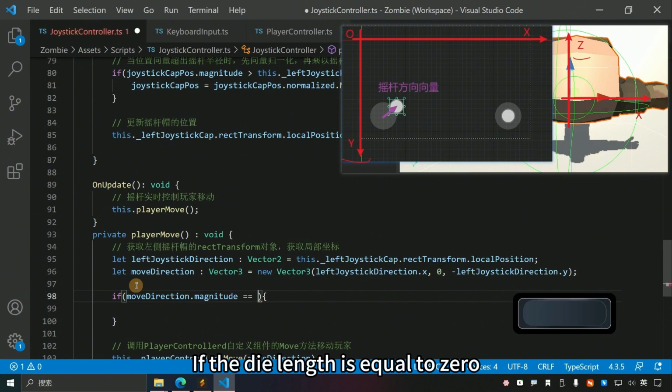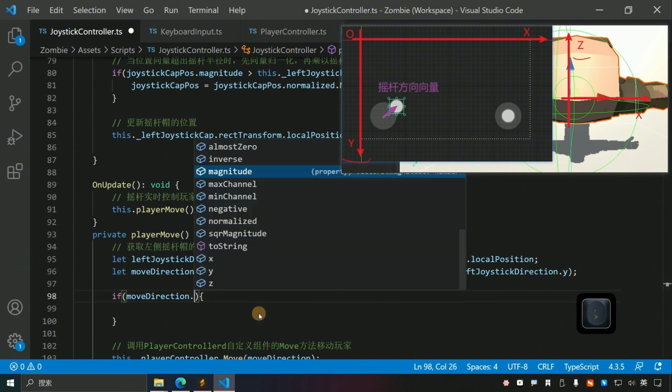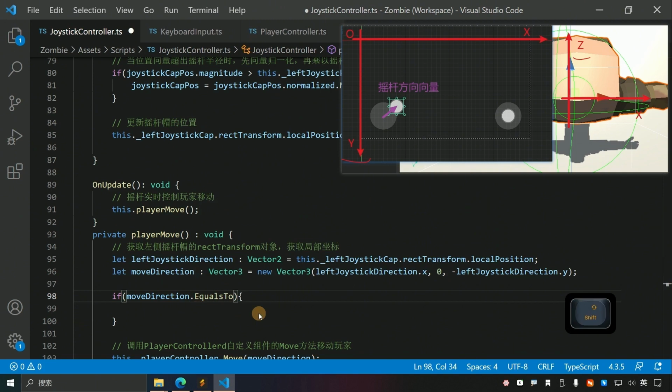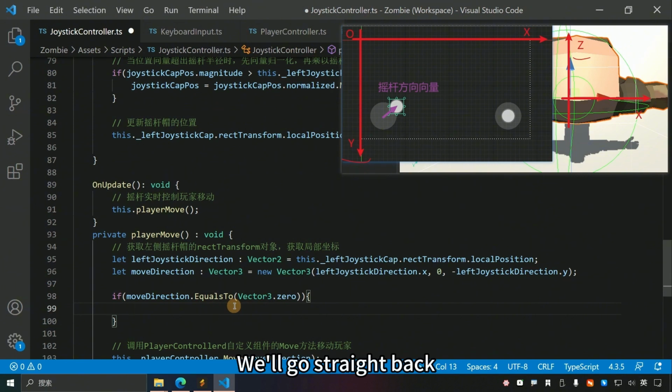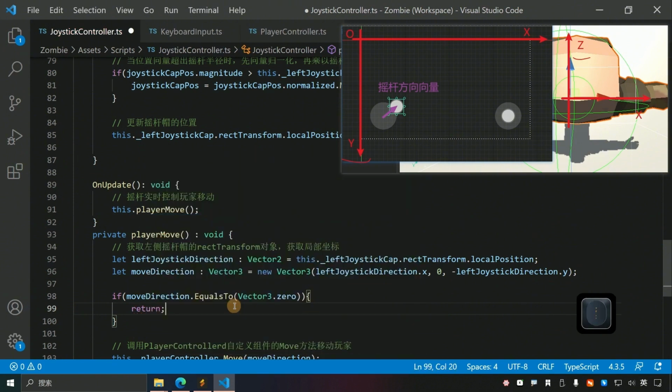If the length is equal to 0, or directly like this, if it is a zero vector, we'll go straight back. No normalization required. No need to move.